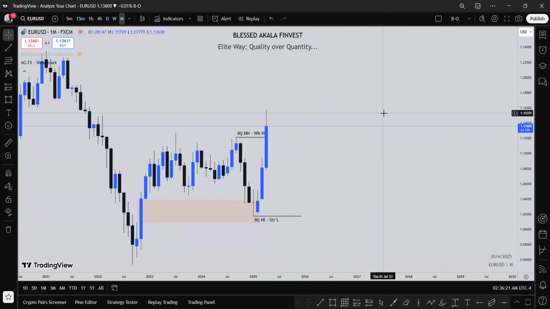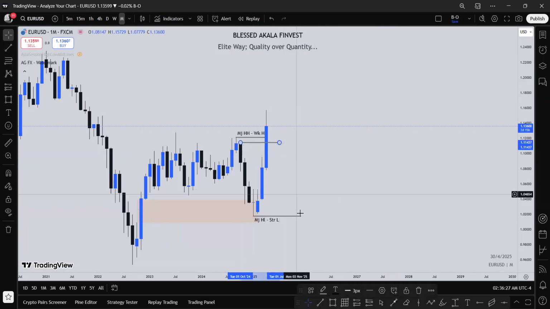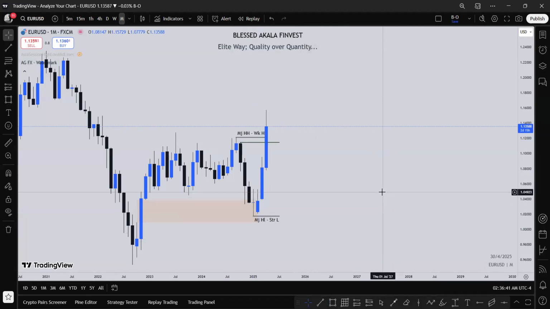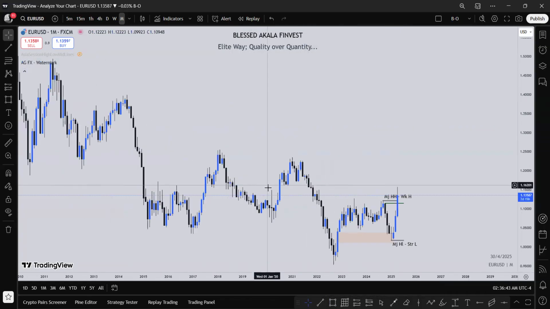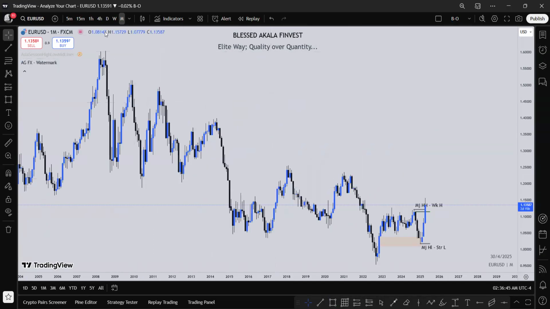But what we can see massively here is this particular level, which happens to be a massive order block in the system, as you can see, PDA. This is monthly, and we can be anticipating higher prices in the market.